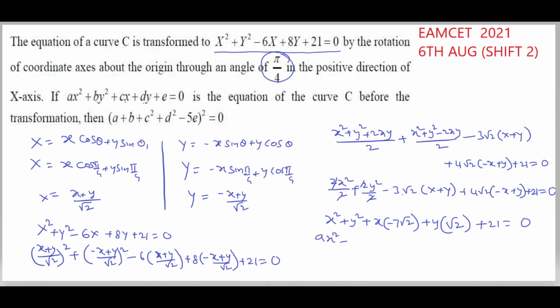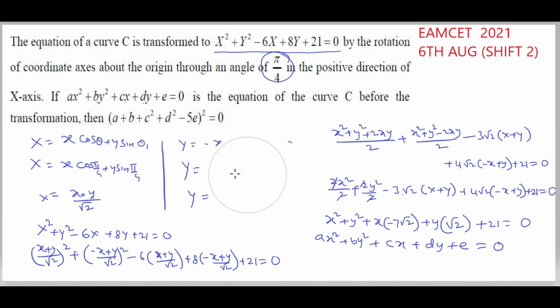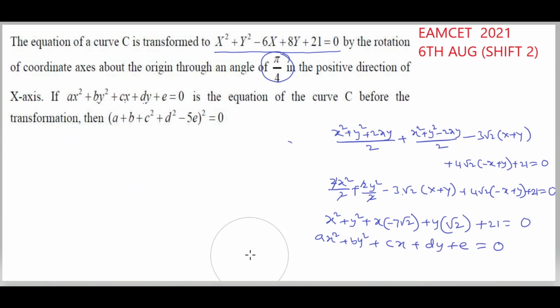This is given in the problem as ax square plus by square plus cx plus dy plus e is equal to 0. Equating these two, a is equal to 1, b is equal to 1, c is equal to minus 7 root 2, d is equal to root 2, and e is equal to 21.